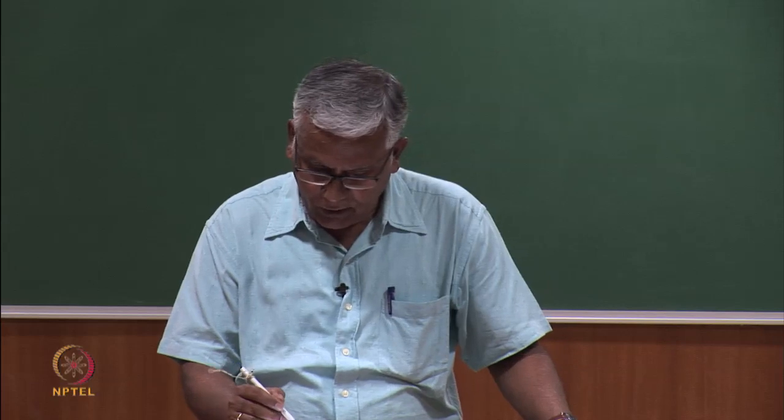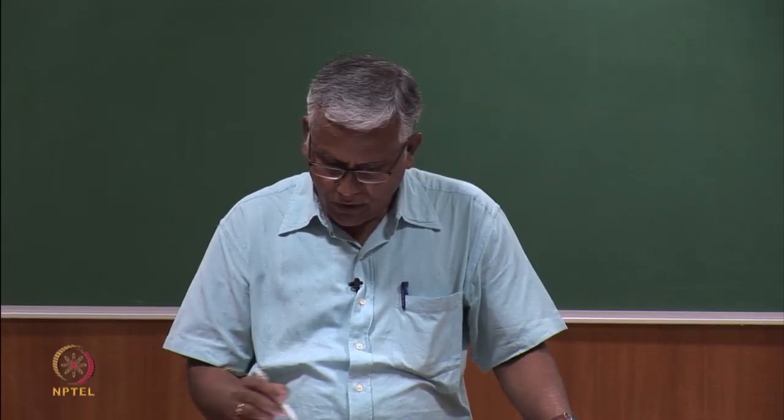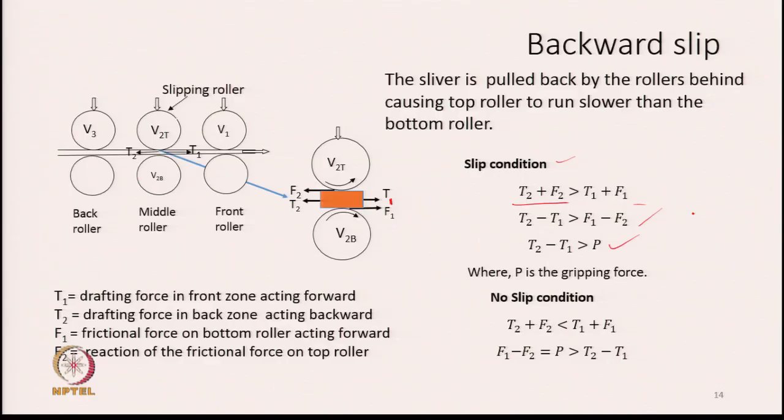The same inequality we can write as T2 minus T1 is greater than F1 minus F2, or T2 minus T1 is greater than P, where P, the difference between F1 and F2, is called gripping power or gripping force. So, if the gripping power is less than T2 minus T1, then there is going to be a backward slip.